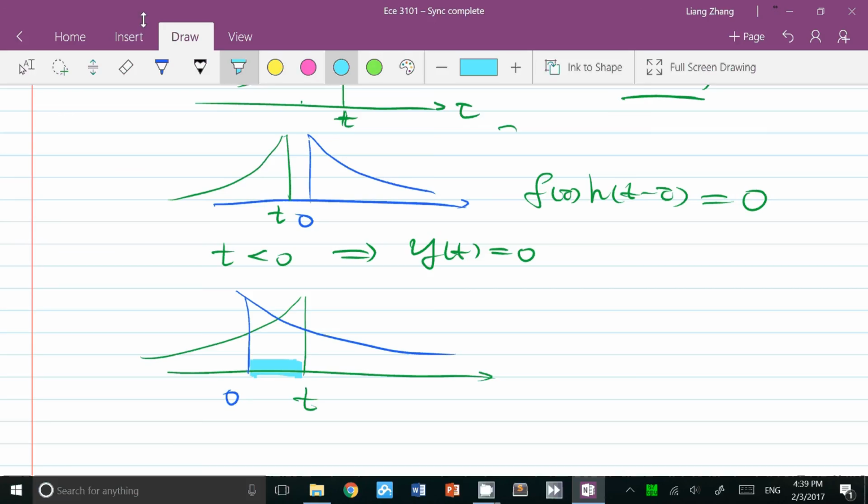And outside this area, still the multiplication will be 0 because the blue curve is 0 before t equal to 0, and the green curve is equal to 0 after tau larger than t. This is the tau axis.